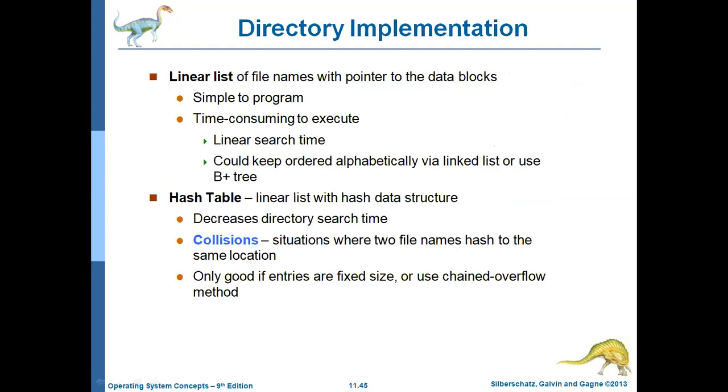Then, how is a directory implemented? Directory implementation can use a linear list of file names with pointers to the data blocks. It is simple to program but time-consuming to execute, since I use a linear search time.